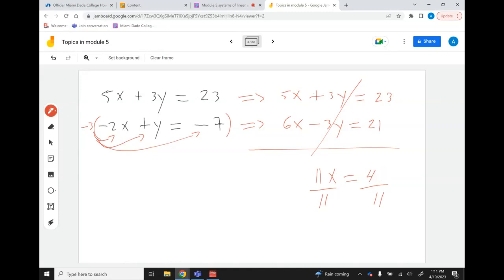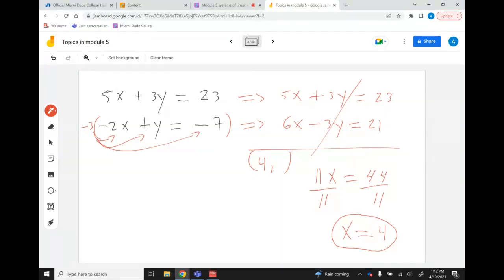What's wrong with me today? This is 44. 23 plus 21 is 44. So that means the x is actually 4. Much better than before. So my x value is 4, comma, and then we just need to find the y value.